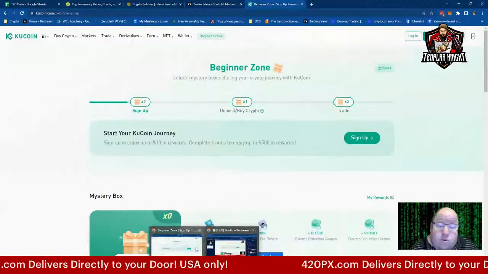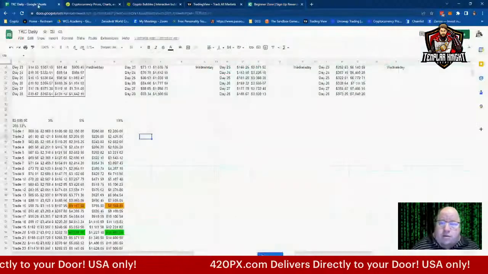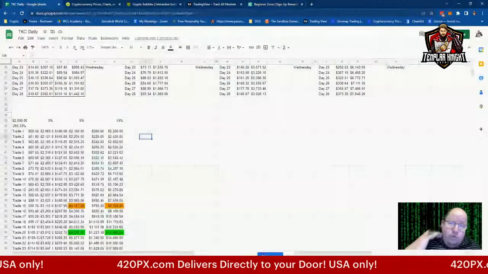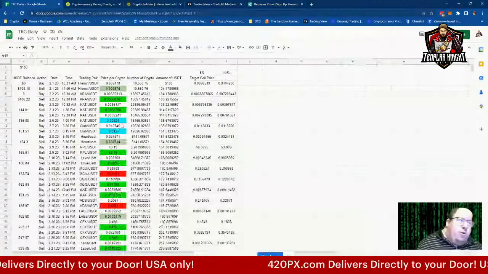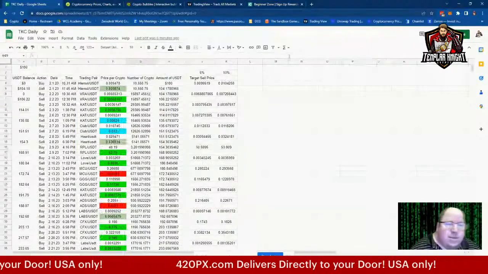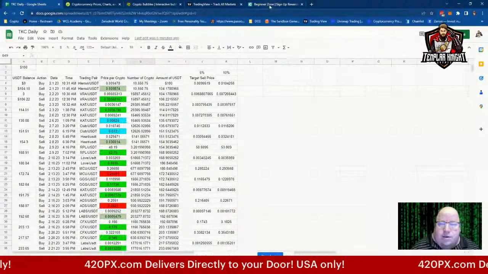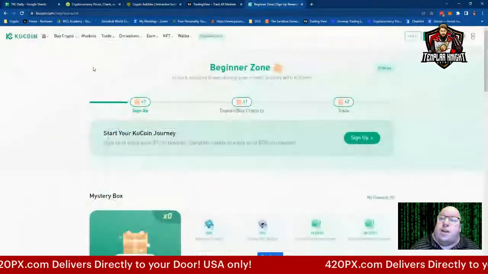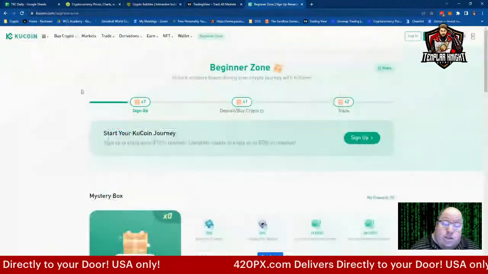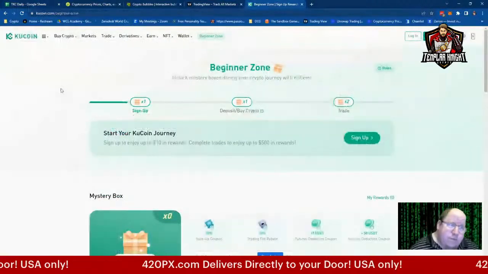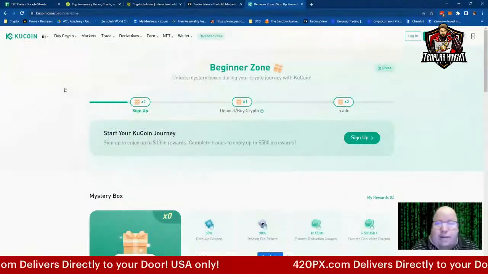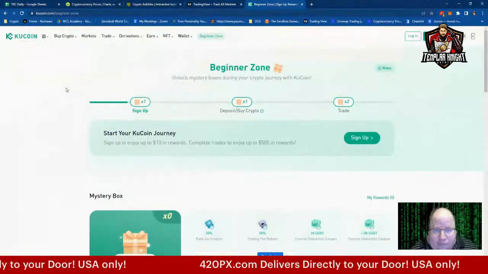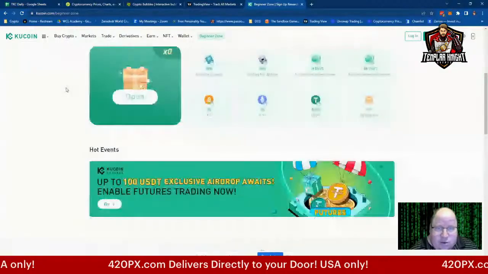It will no longer just be documenting the trades that we would take based on what we saw on the charts on a spreadsheet. We will actually be doing the trades live in KuCoin. So KuCoin is the exchange of choice that I prefer. There's a lot that goes into my reasoning, but I prefer KuCoin. That's the exchange that I use.